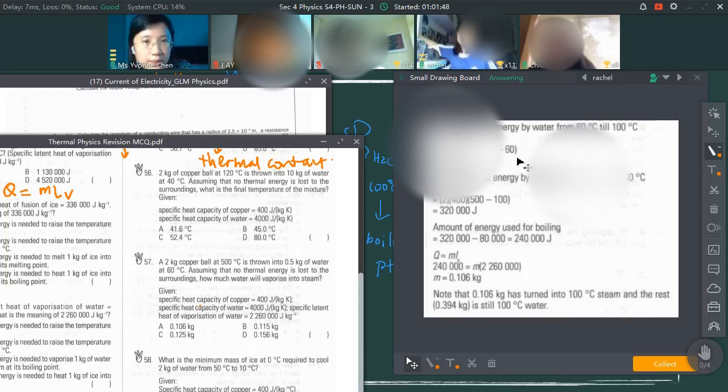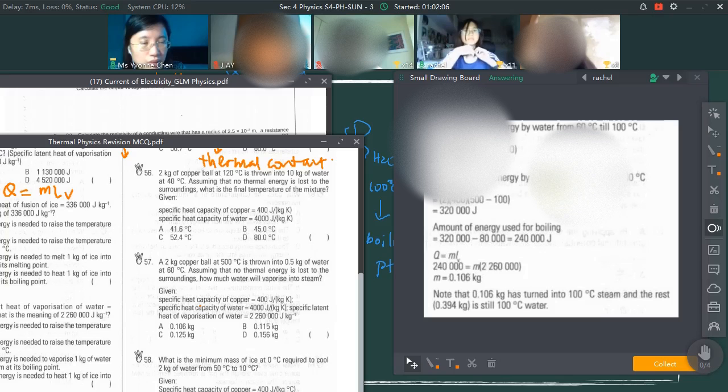So Rachel, what happened is you need to find the energy gained by the water when it changed temperature from 60 degrees Celsius to 100 degrees Celsius. It is only 80,000 joules. And for the copper to decrease temperature from 500 degrees Celsius to 100 degrees Celsius, this is the amount of energy, which is more than this.